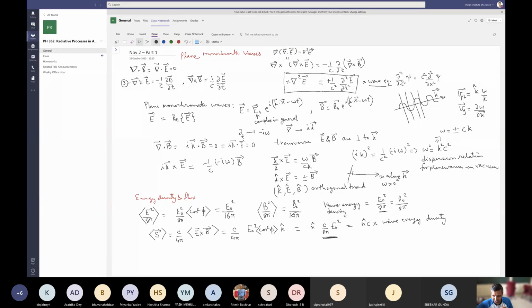So this has the right interpretation: energy density times the speed of propagation along the direction of propagation is the flux. This sort of satisfies the E equals PC type of relation in the photon picture. Okay, good.